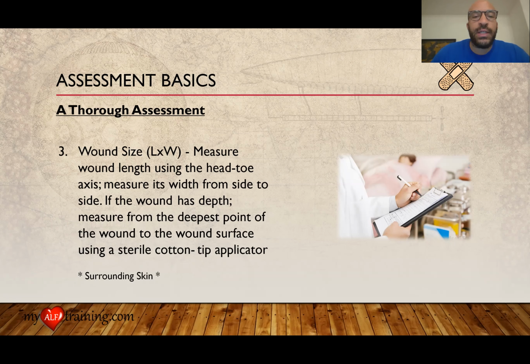So if it's tunneling through some type of depth, appears like a crater, then we want to make sure we take a sterile cotton tip applicator and we insert that into the wound gently to the deepest point of the wound, and measure from there to the surface.